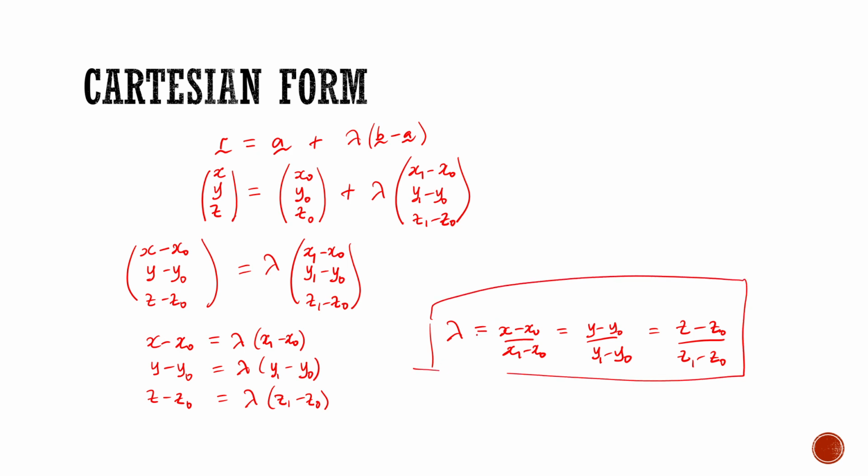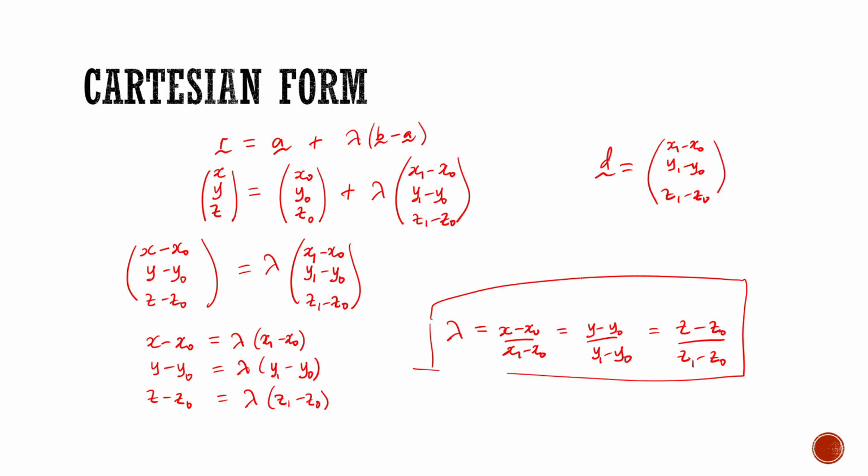Now the "lambda is equal to" part is not always included, and it can be left out, but these other three expressions have to be there. And you realize that in the denominators of those three fractions we have the direction vector: x1 minus x naught, y1 minus y naught, and z1 minus z naught.